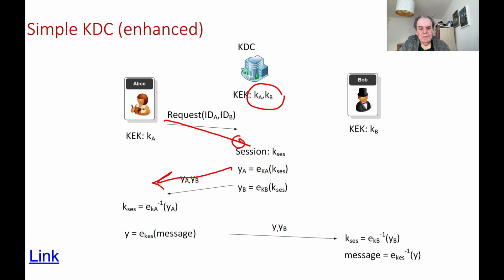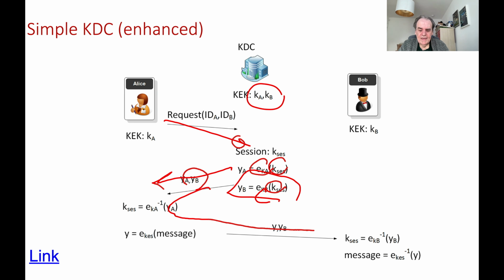We get two things back: the encrypted version of Bob's session key. So here are the session keys. That's encrypted with Alice's key, and this is encrypted with Bob's key. It comes back, and then in the end they'll end up with the same shared key.